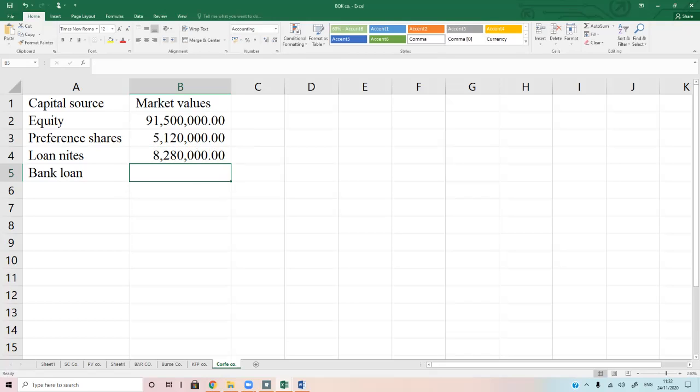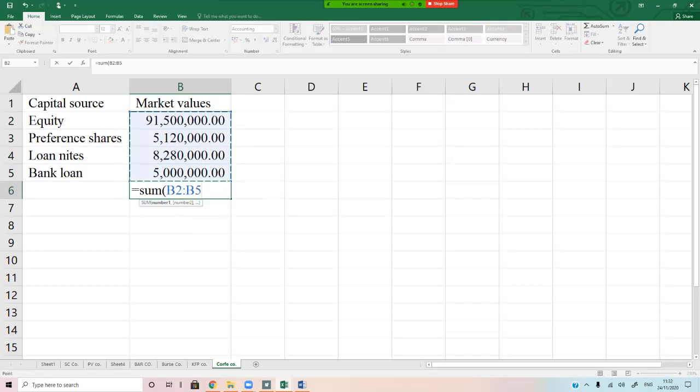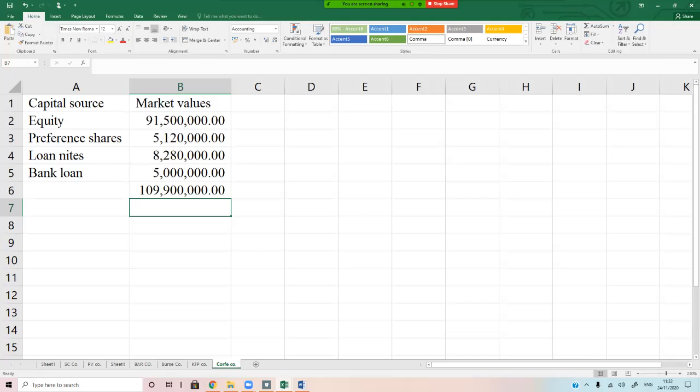And lastly is the bank loan. No market value, so we use the book value, which is 5 million. Therefore the sum of the market value from all four sources of capital is equal to 19,900. Next, to get the cost of capital from each of those sources.